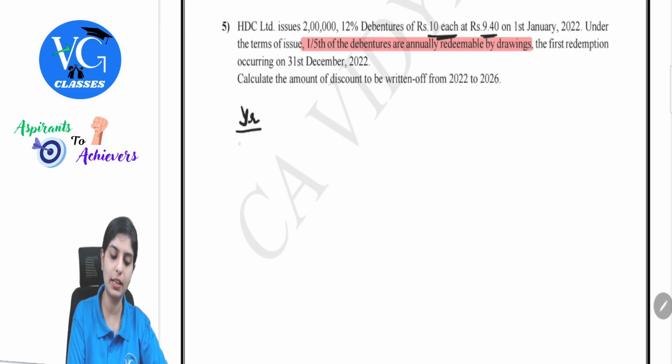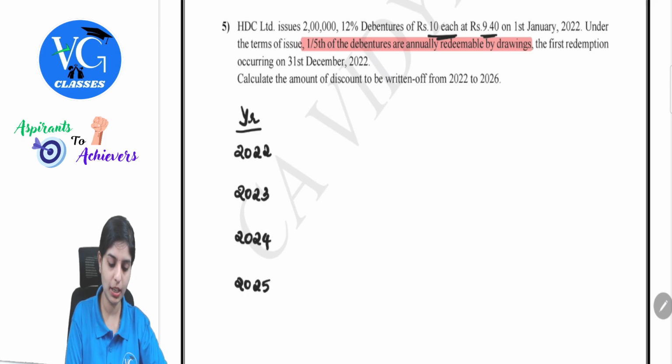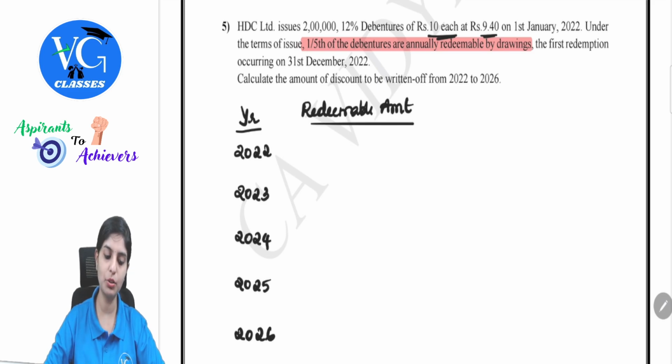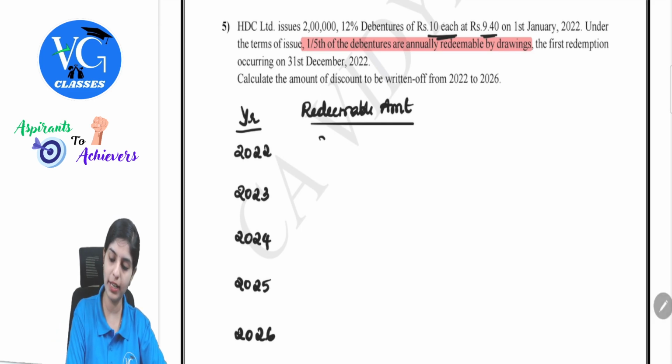So first year. The first redemption is occurring on 31st December 2022, so we can represent the years 2022, 23, 24, 25 and 26. So there are 5 years. Redeemable amount: in the first year, what would be the worth of debentures? 2 lakh debentures at 10 rupees, so 20 lakh.